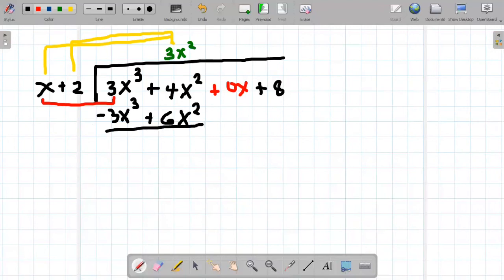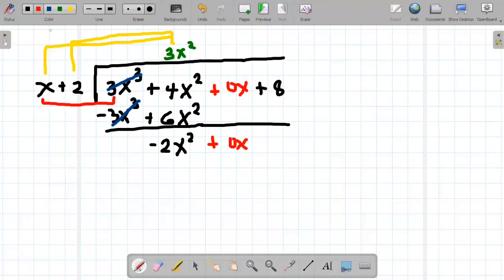So 3x cubed minus 3x cubed, cancel that. Then you have 4 minus positive 6. 4 minus 6 is negative 2x squared. And then you bring down that 0, positive 0x.